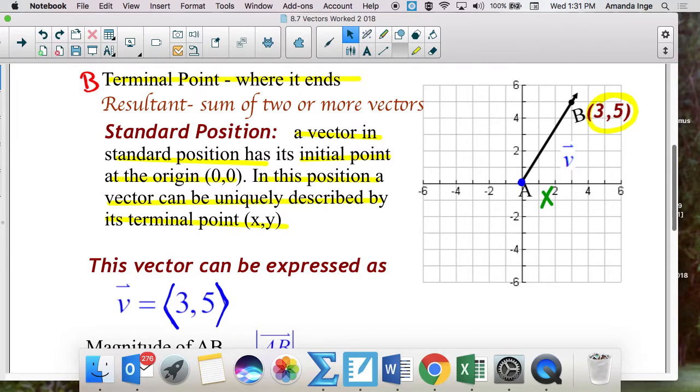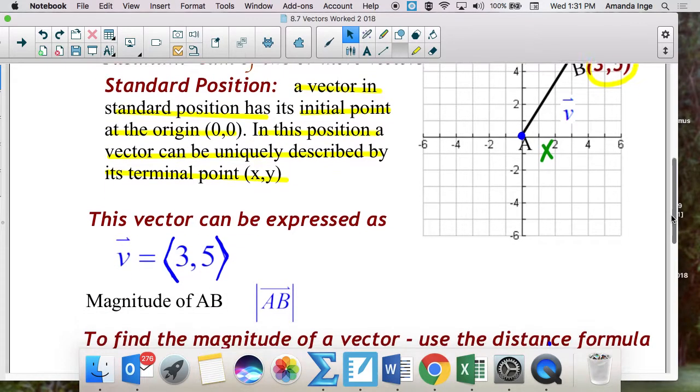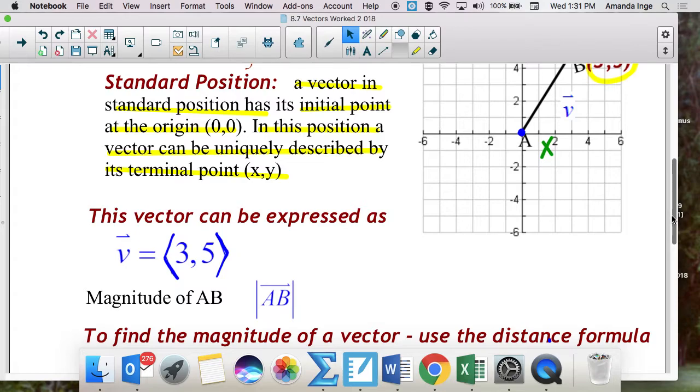So like I said, a vector is a ray that has magnitude and direction. Magnitude is the length. And if we wanted to represent the magnitude, we would have what look like absolute value symbols, but they're really not, with the A, B, and the vector symbol over it.